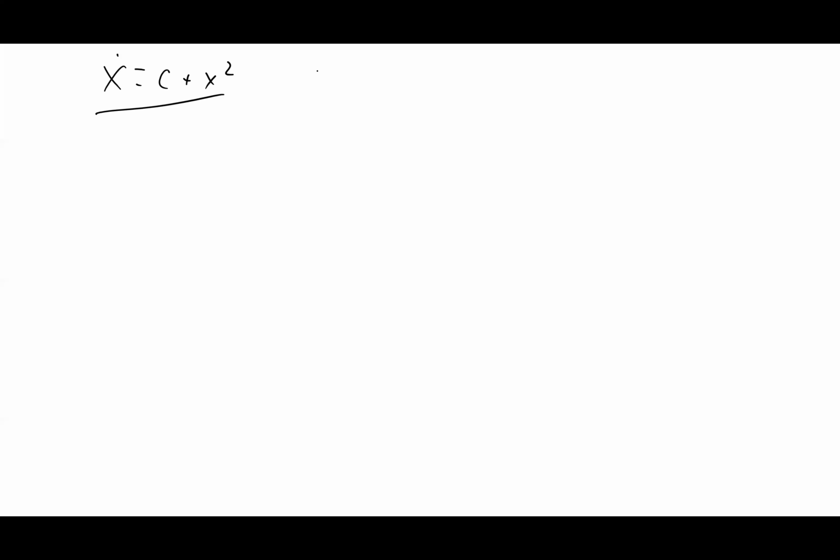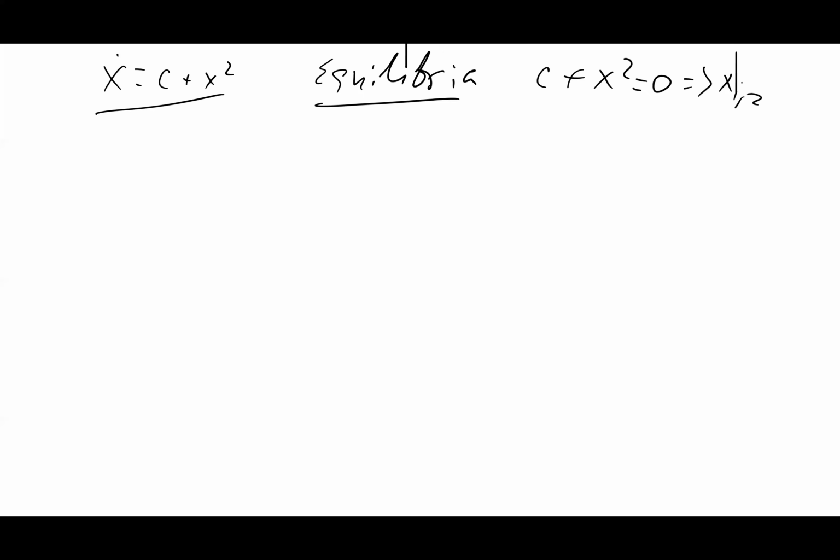And for this equation, we find fixed points, also equilibria. c plus x squared equals 0, which means that x 1, 2 equals plus minus square root of minus c. So they exist if c is negative.